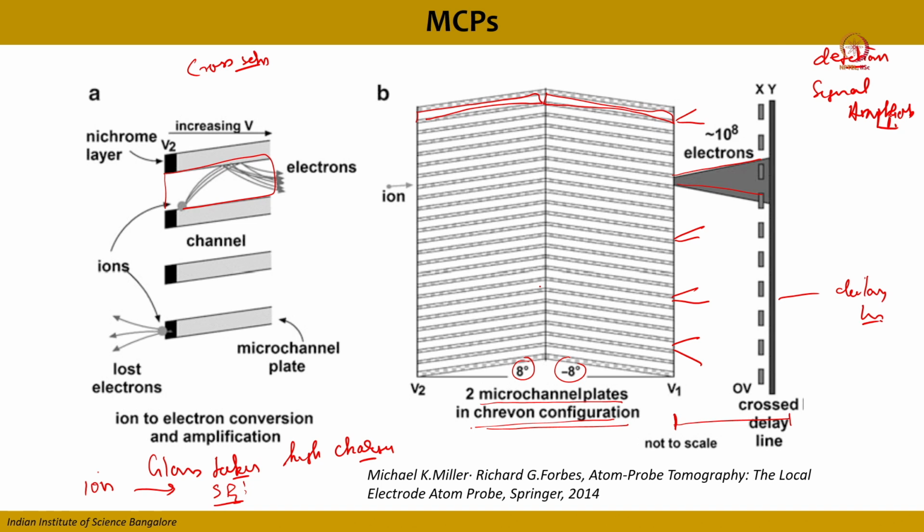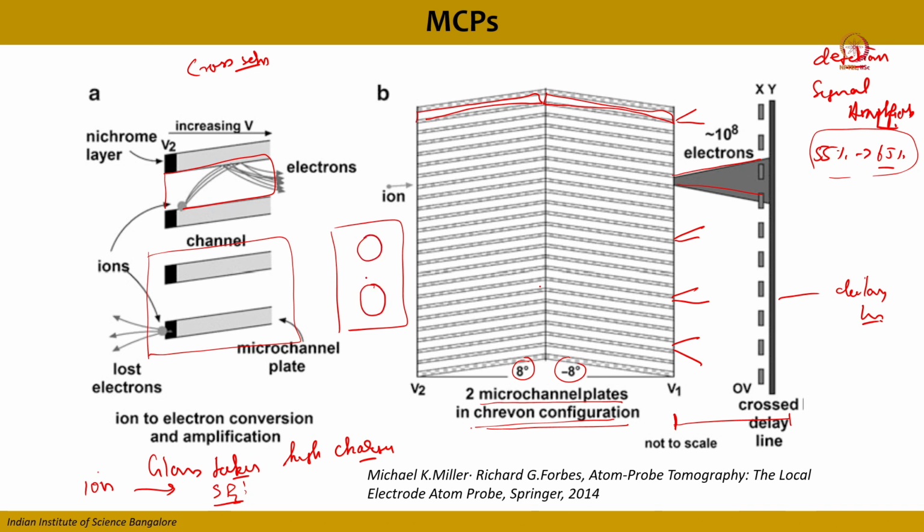The detection efficiency of a particular detector is between 55% to 65%. Why is it so low? Why is it not 100%? If you assume this particular glass tube and see the cross section, you will have a glass tube like this, and in this particular area the electron cannot pass through.